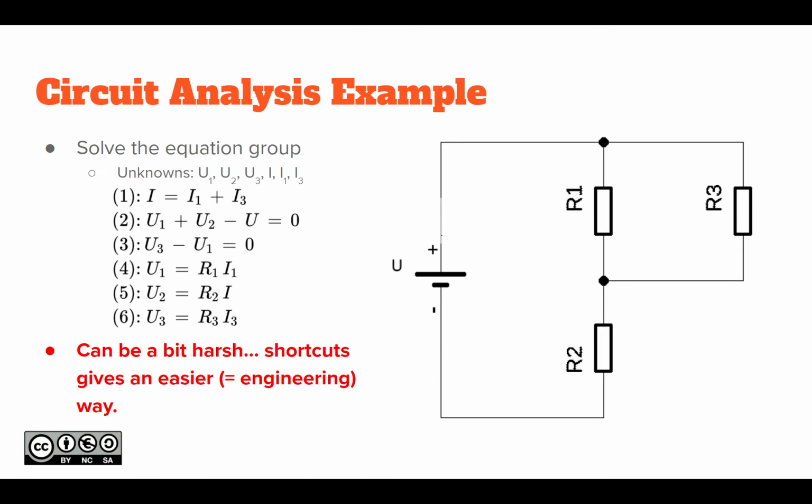Okay, so the unknowns are the ones we mark there ourselves: U1, U2, U3, I1, I3. We have 6 unknowns. We have 6 equations, simultaneous equations. So this is basically a linear equation group with 6 unknowns and 6 equations, and we then should be able to solve those unknowns, which can be a bit harsh without any tools.